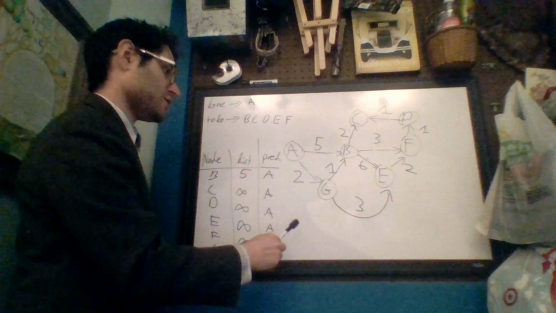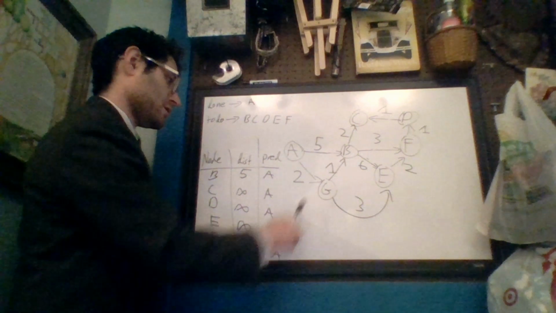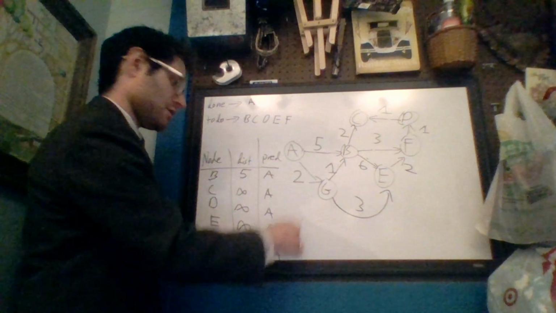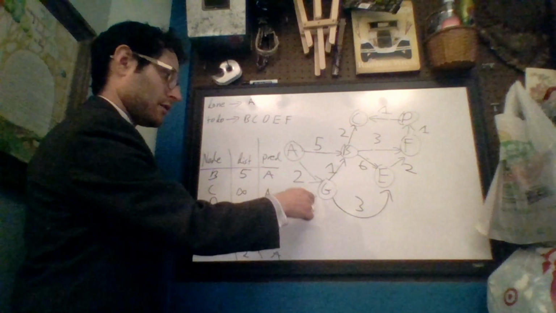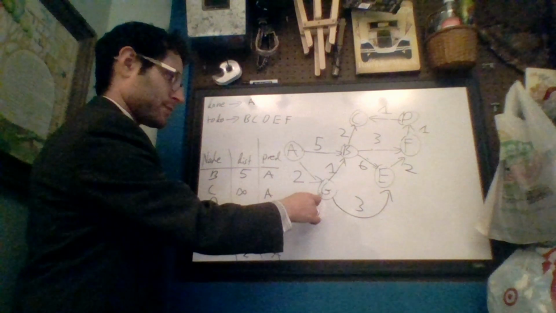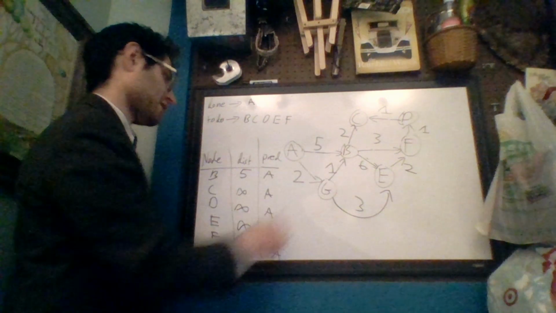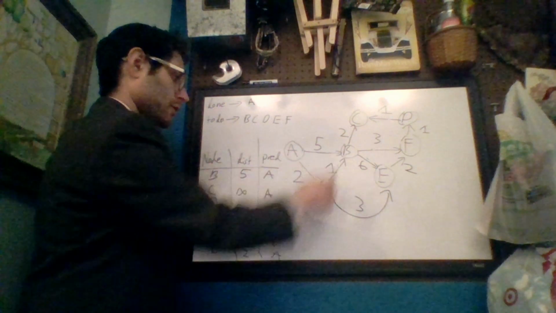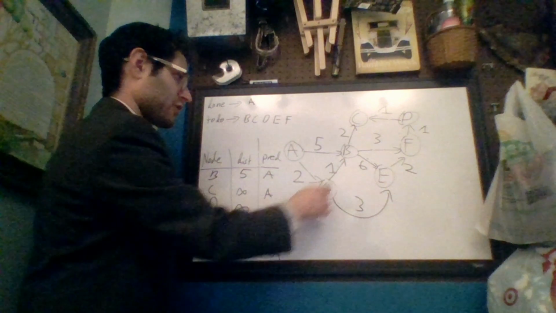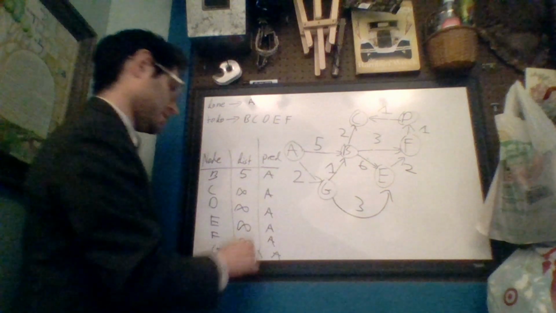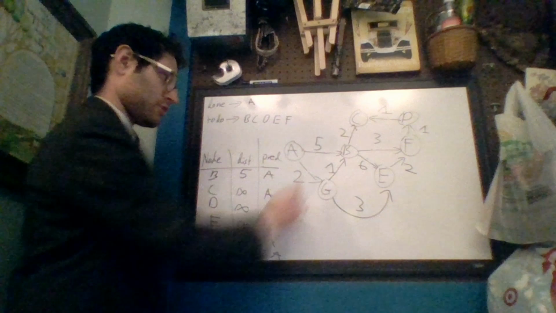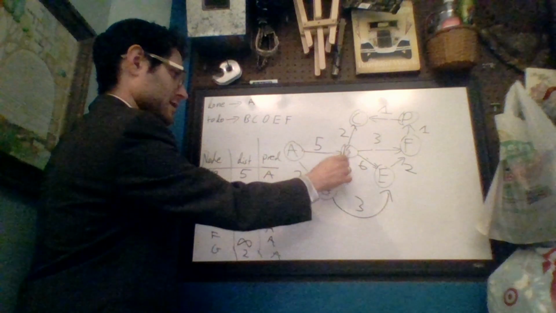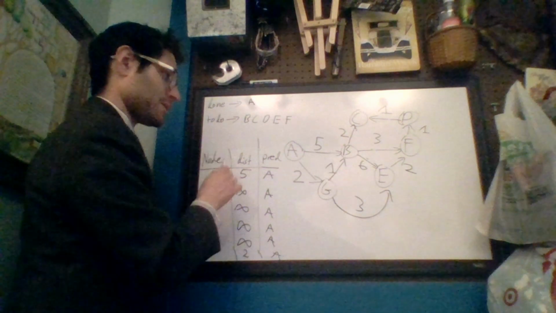So let's see which of G's edges give us extra information. We can get to G for a cost of 2. From G to B, that's going to cost us 1. So if we go through G, it's going to cost us a total of 3, 2 plus 1, to get to B. That's cheaper than 5.